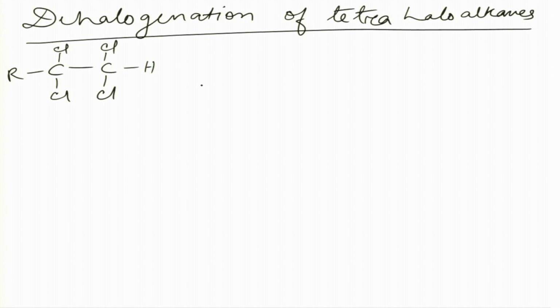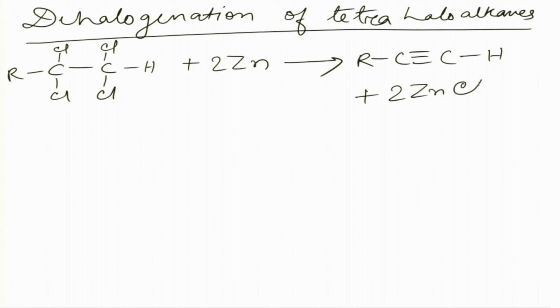This is quite similar to the Wurtz reaction. Here we will use 2 equivalents of zinc. There are 4 halogens, so we will get 1 alkyne and 2 ZnCl2. This is the last method for the preparation of alkynes. In the next lecture, we will study the physical properties and chemical properties of alkynes. Thank you.